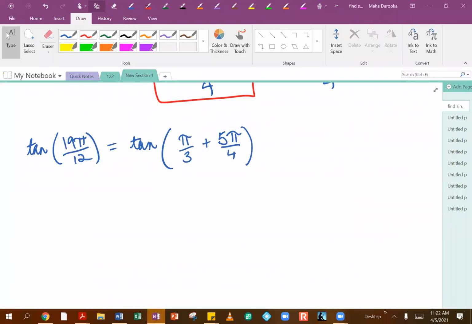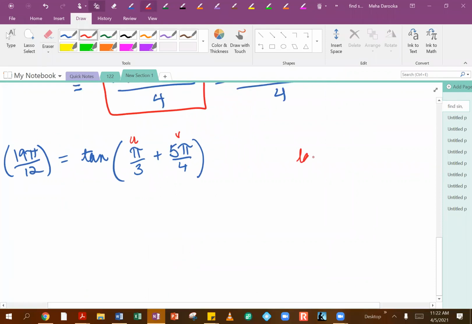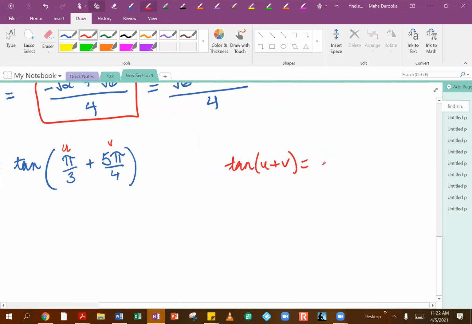In this example, you can think of pi over 3 as the u angle and 5 pi over 4 as the v angle. So using that sum formula, this will be tangent of u plus tangent of v on the top, and then 1 minus tangent of u times tangent of v on the bottom.